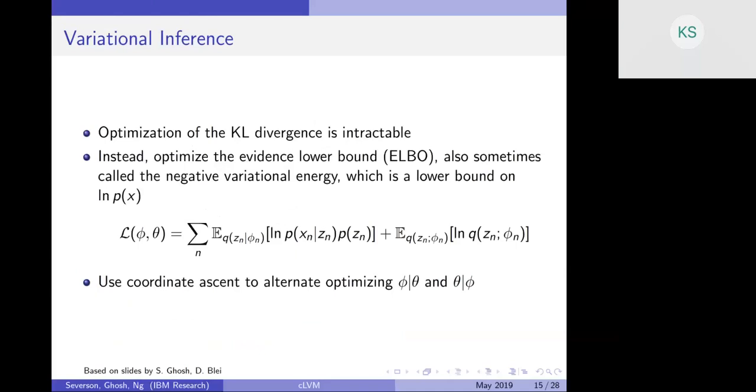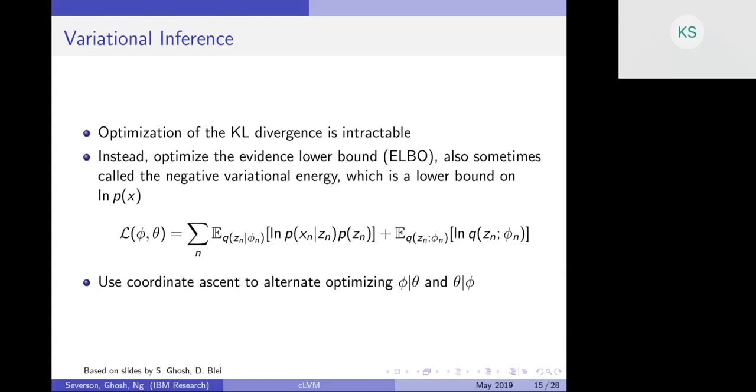So we can't do that directly, because if we could measure the distance to the true posterior, that would mean we had access to the true posterior. So instead, what we'll do is we'll optimize the evidence lower bound, or ELBO, sometimes also called the negative variational energy.